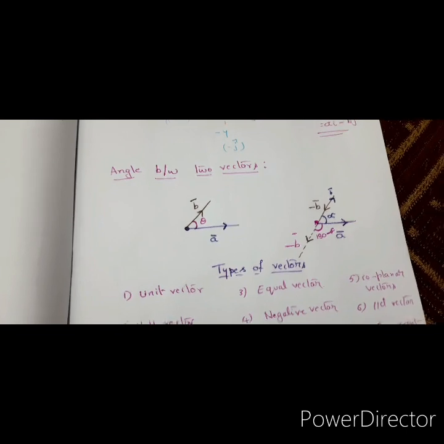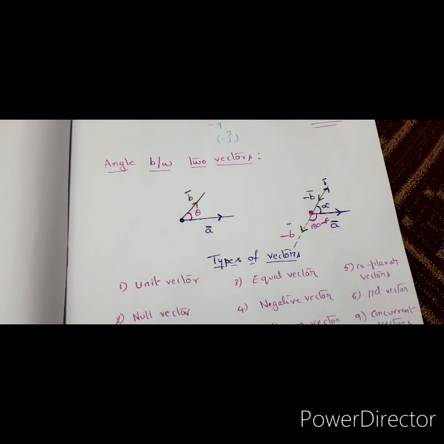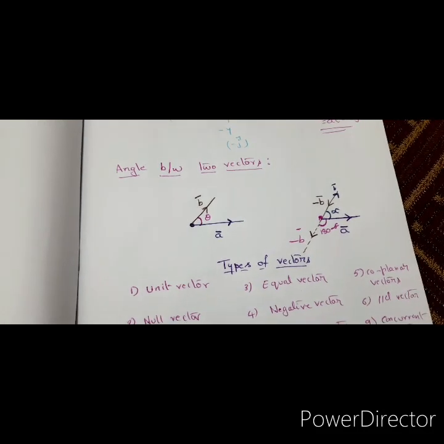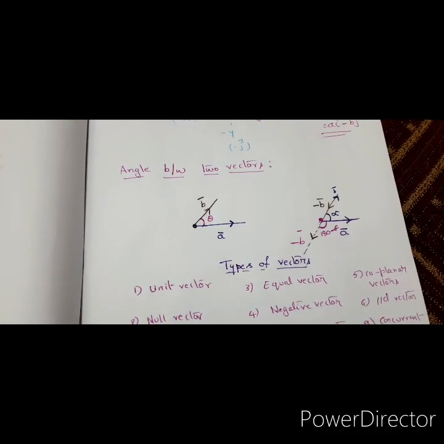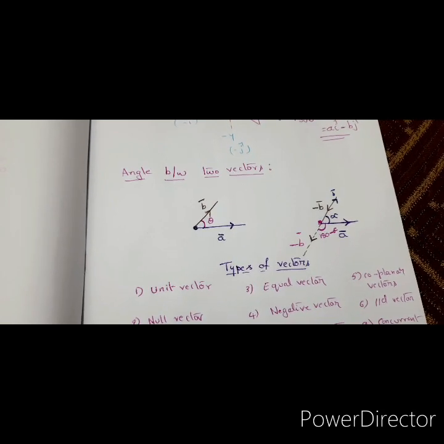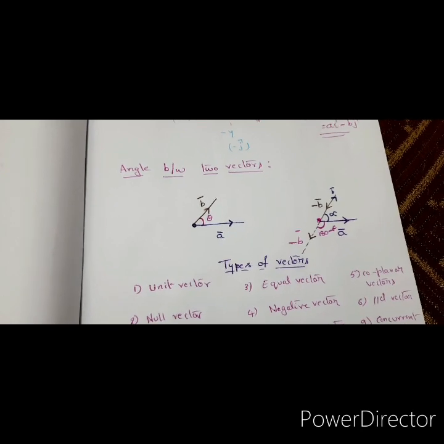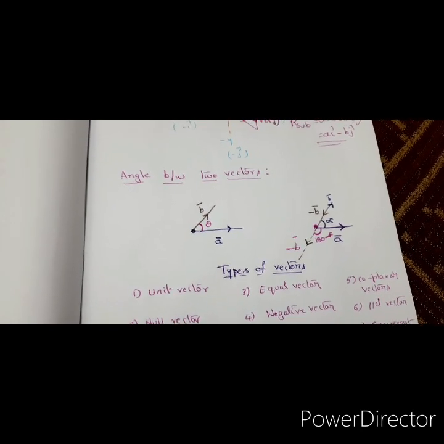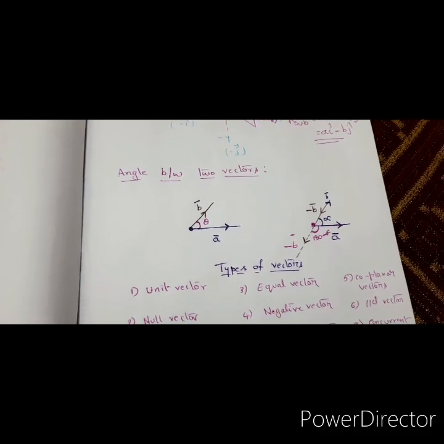What is the hint? The angle between two vectors is just the angle between their directions, from the point of intersection or the common point of the vectors. Both vectors should have their direction away from the point.